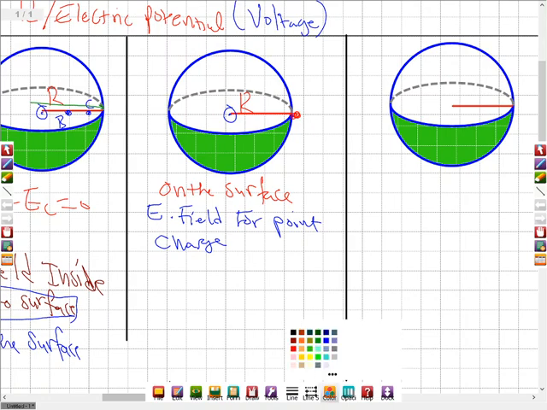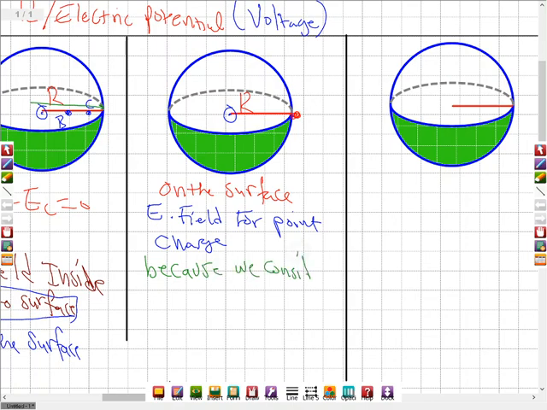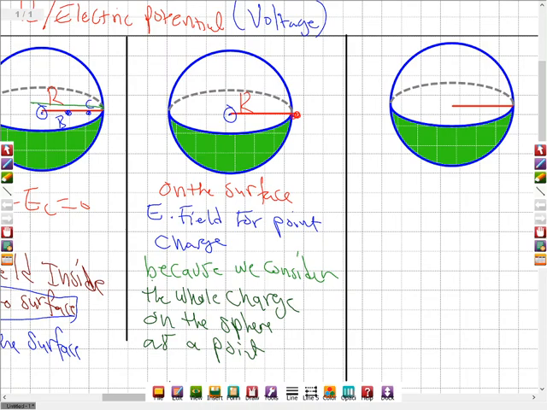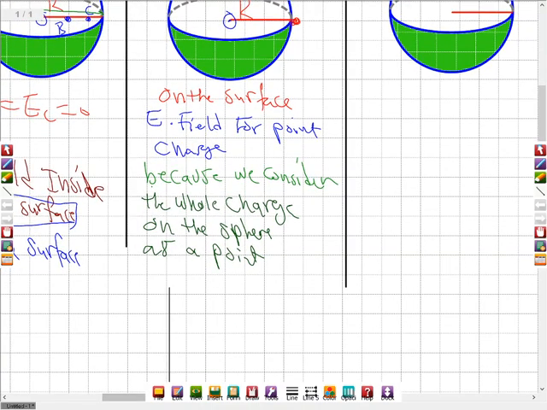Because we consider the whole charge on the sphere as a point charge at the center.